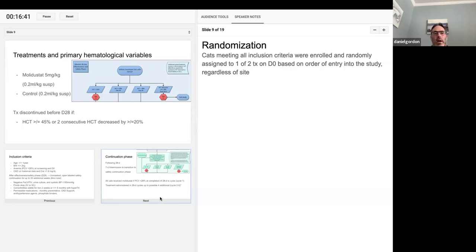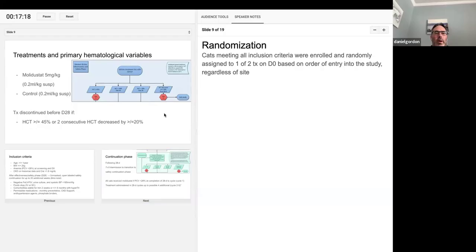If you look at their flow chart here, they discontinued treatment in cats that had a PCV or hematocrit of greater than 45%, or their hematocrit had a greater than 20% decrease from the start of the study to day 28.